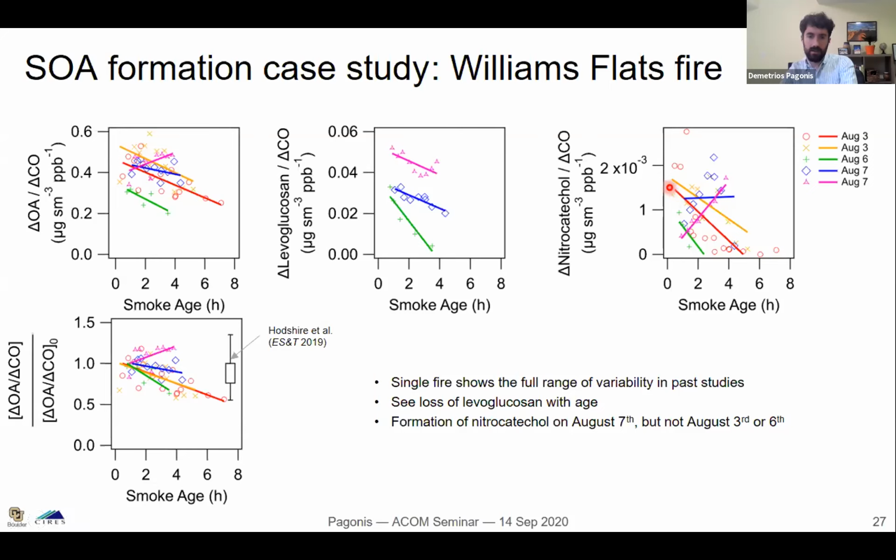We're actually seeing it looks like nitrocatechol loss. And then for the 2 transects on the 7th, we can see some very clear trends in nitrocatechol production as we go downwind. In fact, for this first transect, if it weren't for the last point where there was hardly any nitrocatechol at all, we would have our highest production rates there.